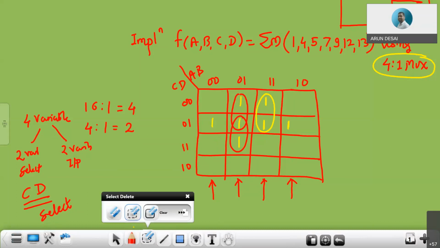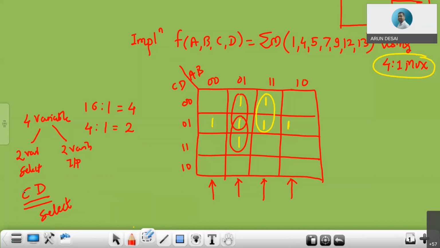We need to consider what we need to consider as select line. Since we are grouping in columns, we need to consider AB as select line, right?